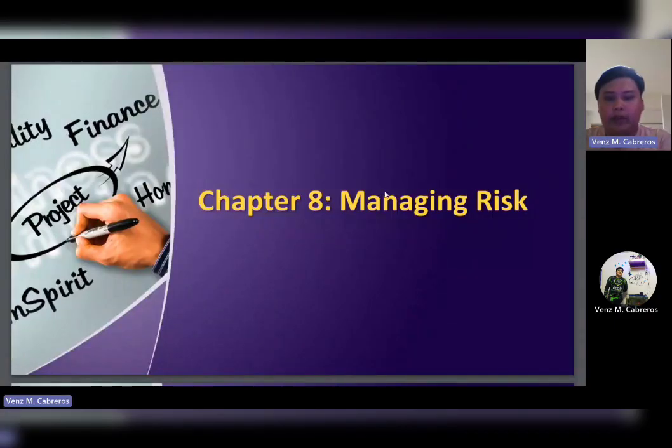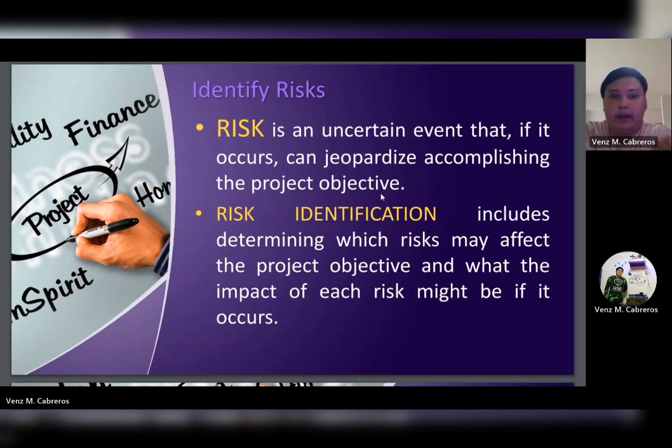Chapter 8, Managing Risk. Identify risk. Risk is an uncertain event that, if it occurs, can jeopardize accomplishing the project objective. Usually we can define risk as the future uncertainty about deviation from expected earnings or expected outcome.